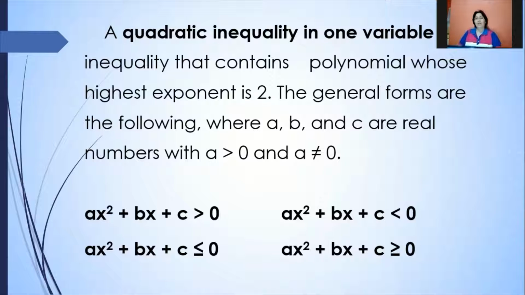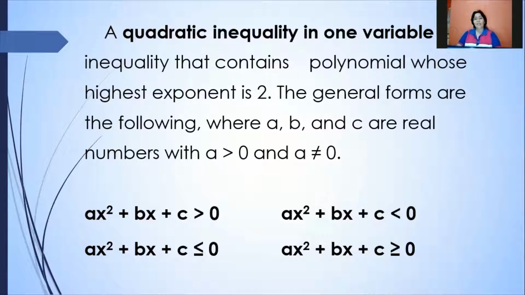What are the different quadratic inequalities? For the first one, ax squared plus bx plus c is greater than 0. Another, ax squared plus bx plus c is less than 0.